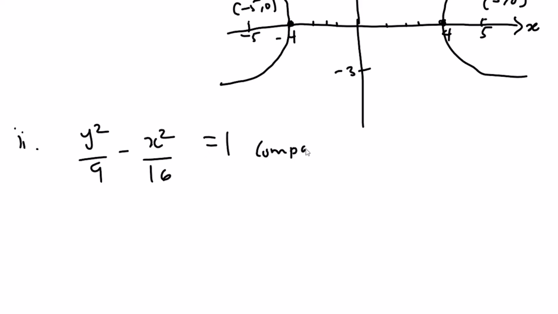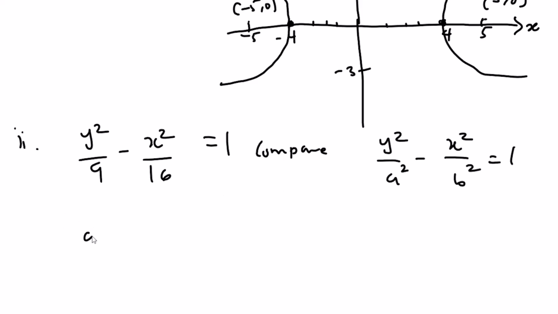We are going to compare this one. This one is in the form y squared on a squared minus x squared on b squared equal to 1. And when this happens, it means that the transverse axis is on the y-axis.